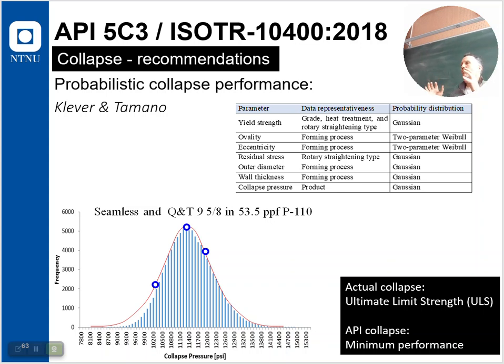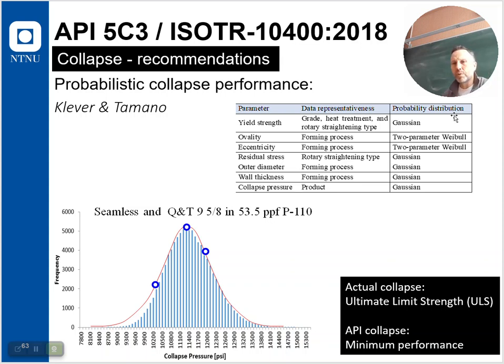All the input parameters to that collapse calculation are not just the yield strength and geometry, but the yield strength and then the ovality of the pipe, the eccentricity of the pipe, the residual stress. Remember when we do heat treatments, what is the residual stress in that pipe from the work that you have been doing to it? The accurate wall thickness, and then the product that you get out is the collapse pressure.